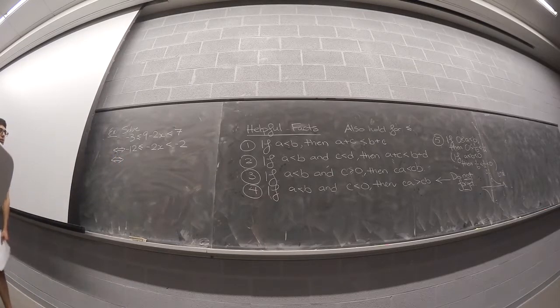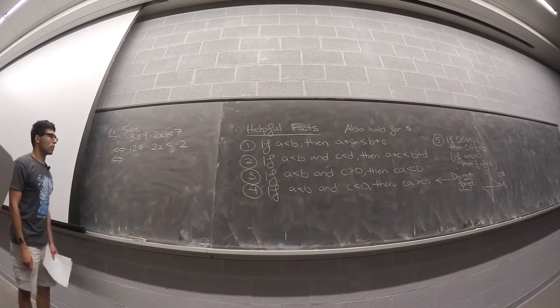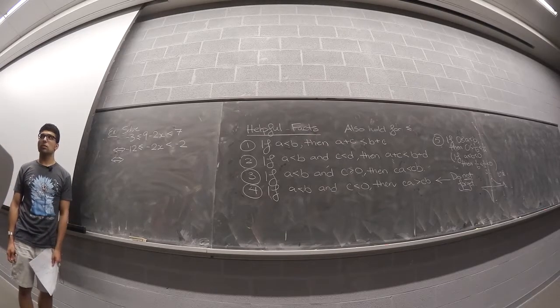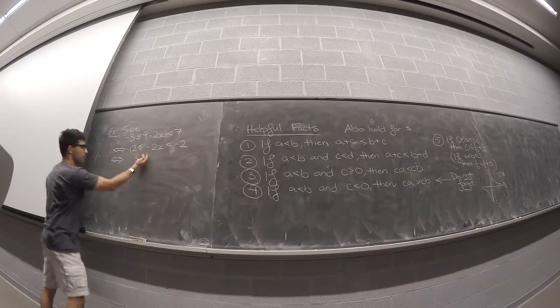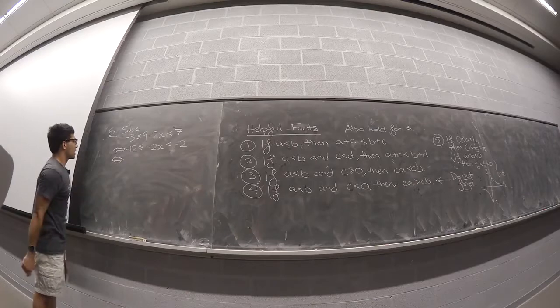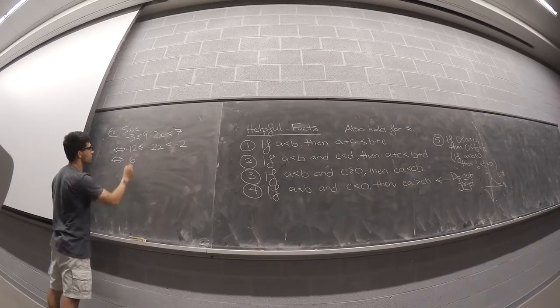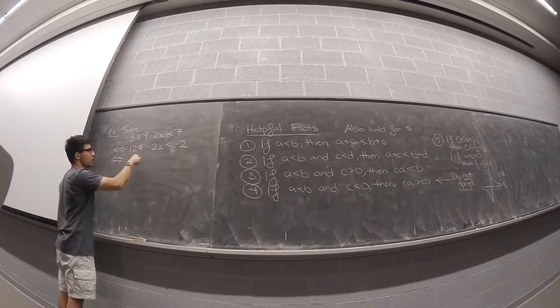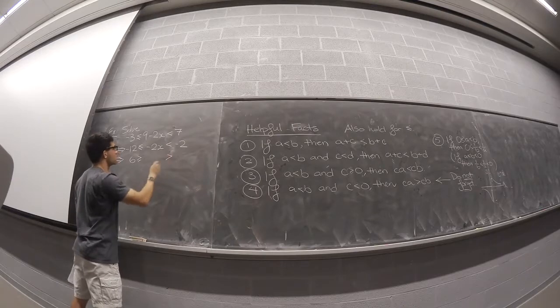Divide everything by -2, or multiply everything by -1/2. And what must I not forget to do? Right, everything flips. Good. So multiply everything by -1/2. Flip me.